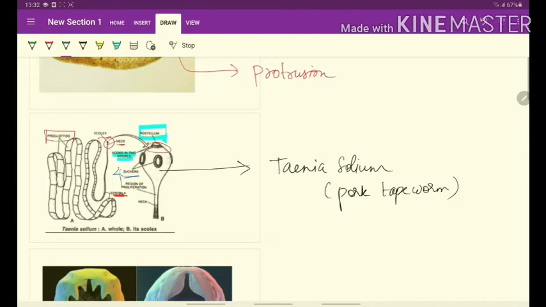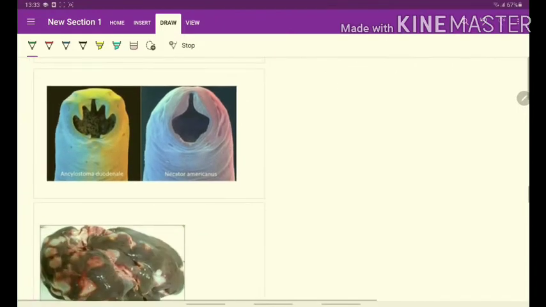So the differentiation between Taenia solium and Taenia saginata is based on the presence of this rostellum and the hooklets. The rostellum with the presence of 2 rows of hooklets are seen only in Taenia solium, and they are absent in Taenia saginata.